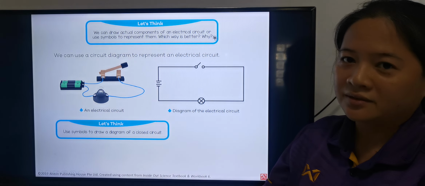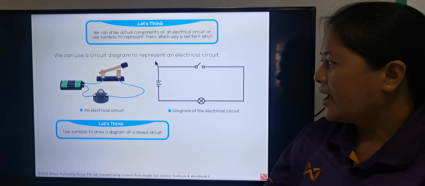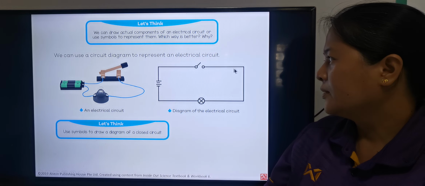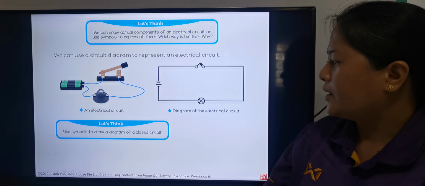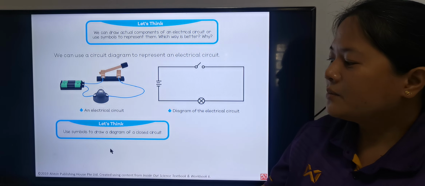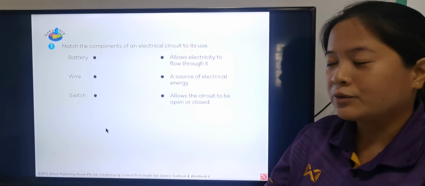Don't make it round. And then you draw the bulb and then the switch. If it's open, then you draw it open. This is what you're going to do in your student book.